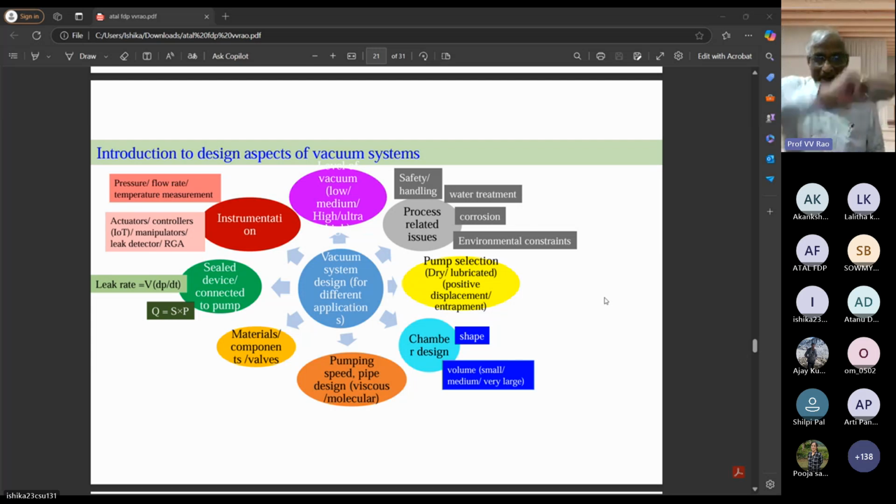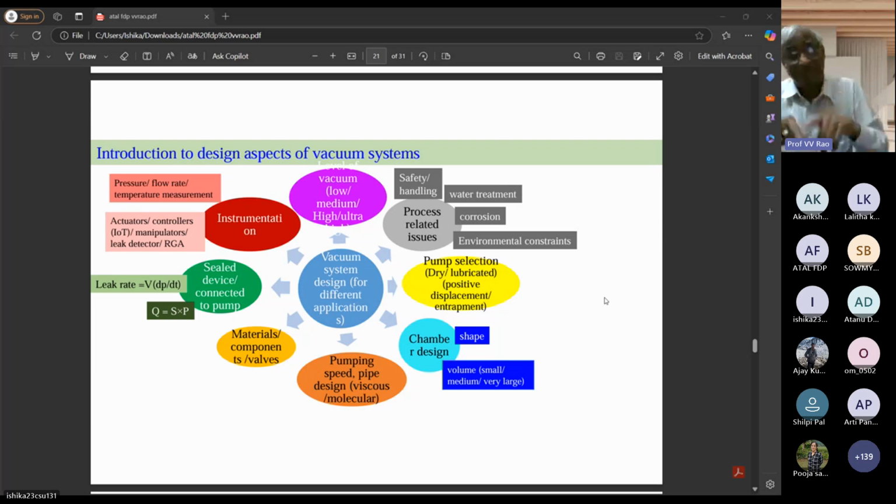Now the central point is vacuum system design for different applications. This is a general photo for all. I made it for general things because I regularly organize process application courses. I do cryogenics, chemical industries, pharmaceutical industries, nuclear industries, space industries.